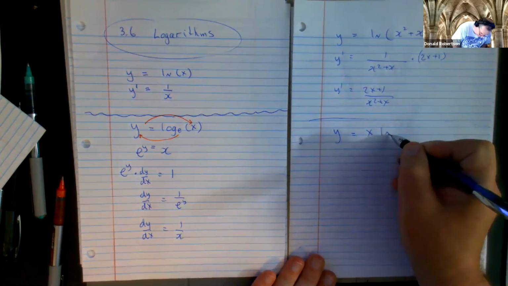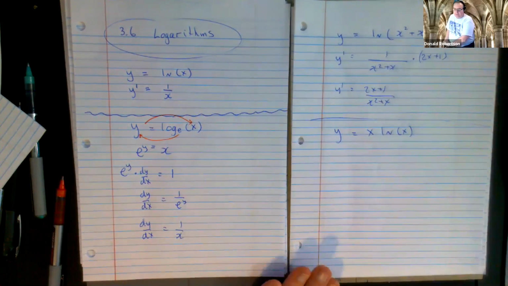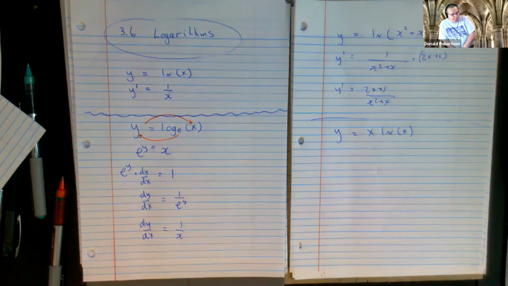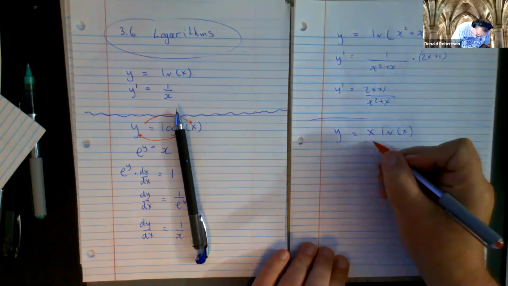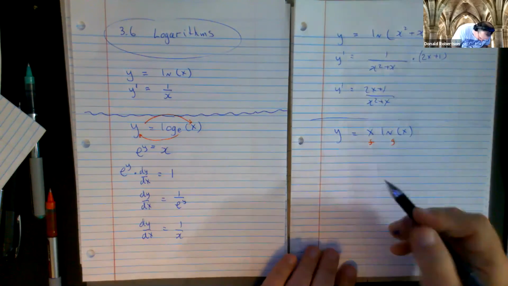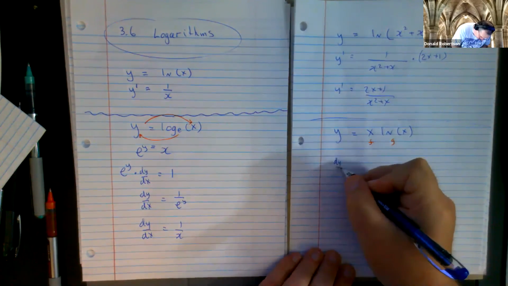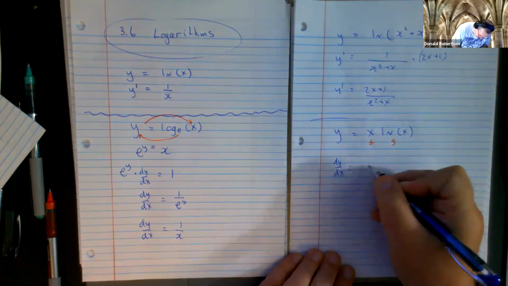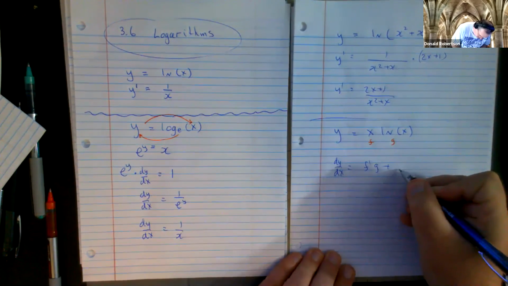Suppose you wanted to differentiate that guy. The magic word here would be product rule. Do you see a product? In this case, let's use dy by dx notation so we don't get too caught up with just one notation.